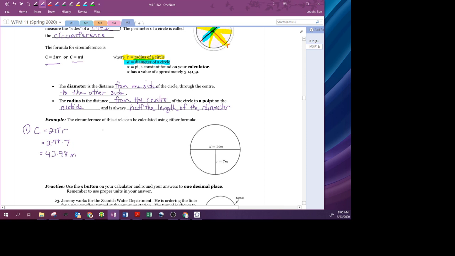And if I do it using the other formula where C equals pi times diameter, it equals pi times 14, and I get 43.98. So take a minute and try that on your calculator. Make sure you can find the pi button. If you can't, ask for help because it's there if you've got a scientific calculator. And go and do the practice questions, and I will meet you on page 8.